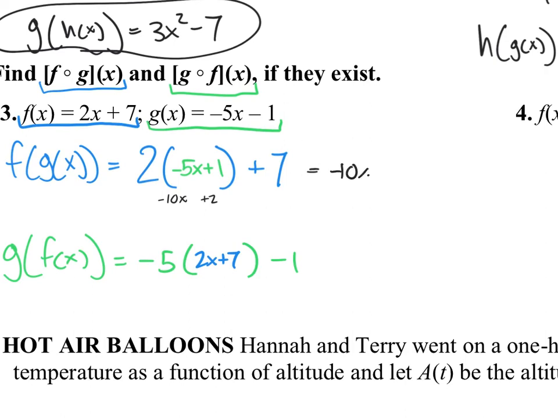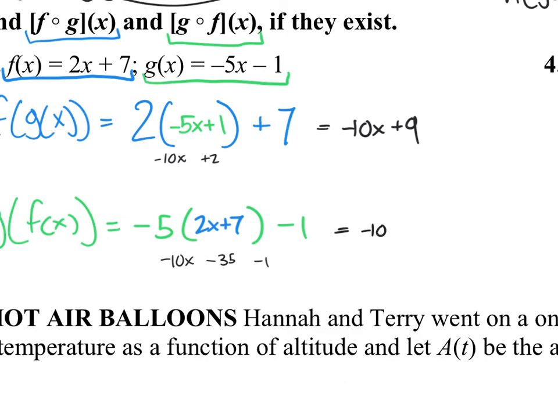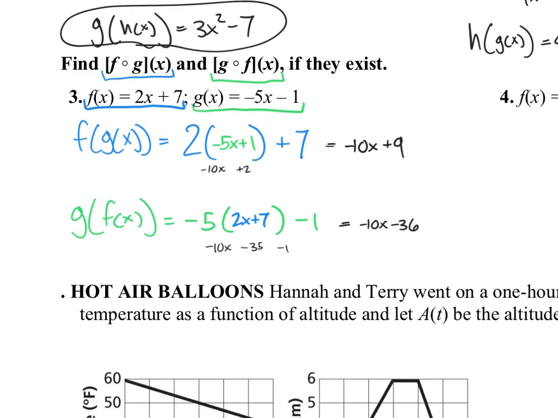So this final answer is negative 10x plus 9. And then on this one, we'd get a negative 10x minus 35. And there you have it.